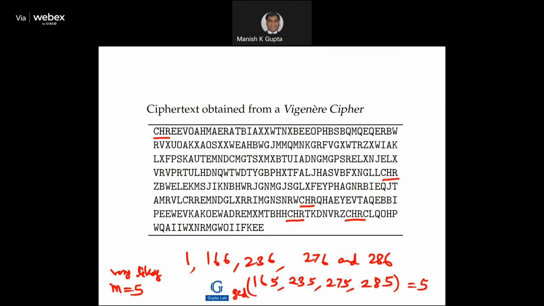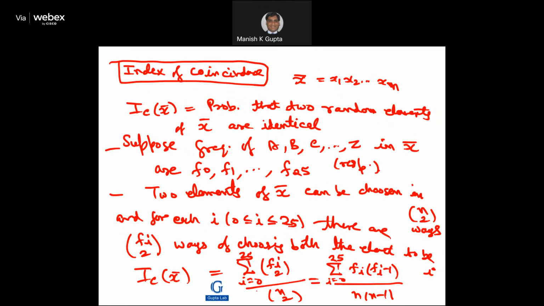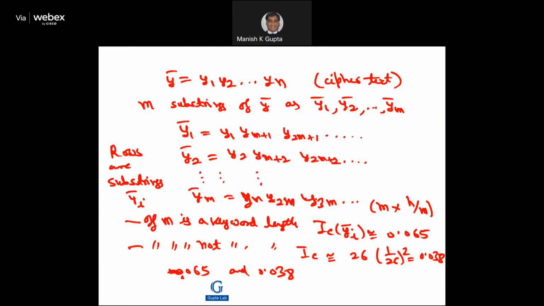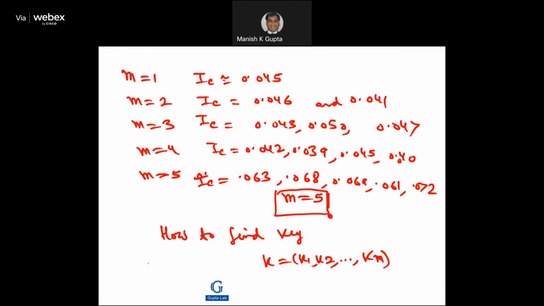For m equal to 1, 2, 3, and so on, you see that for m equal to 1, IC is 0.045, m equal to 2 turns out to be 0.046, then 0.041, and so on. For m equal to 5, this turns out to be 0.063. Clearly this one is close to 0.065, so that means our m is 5.